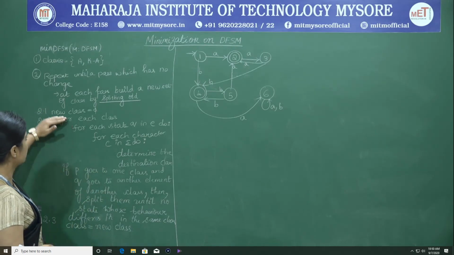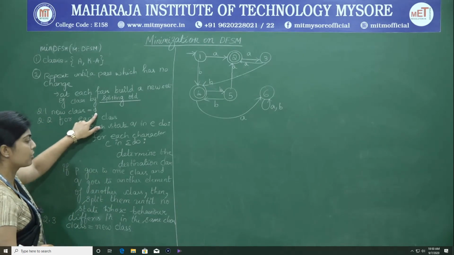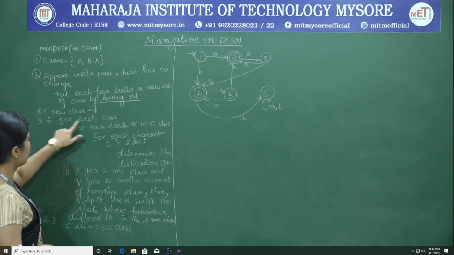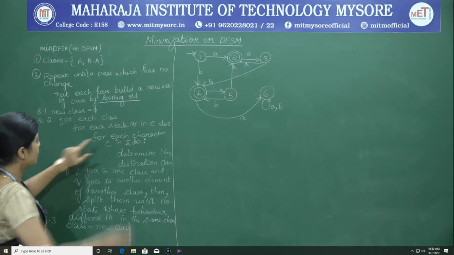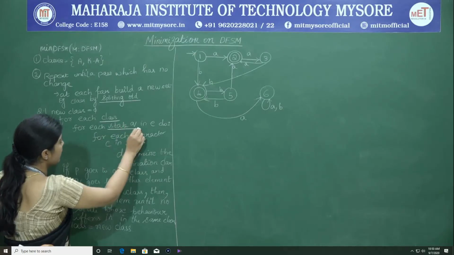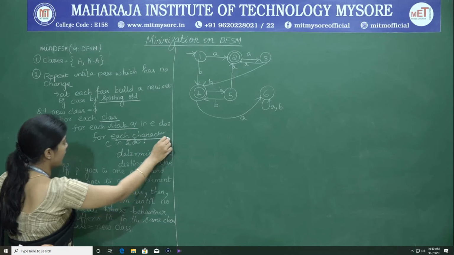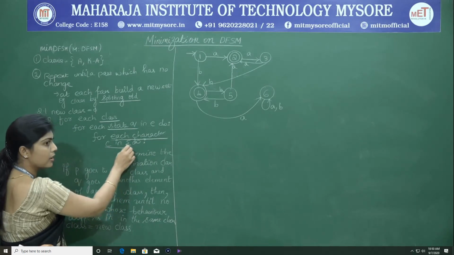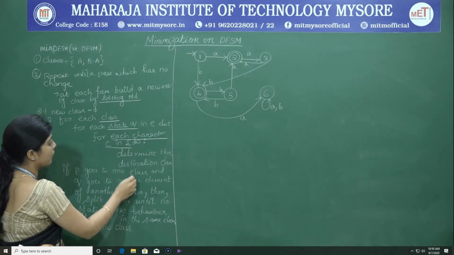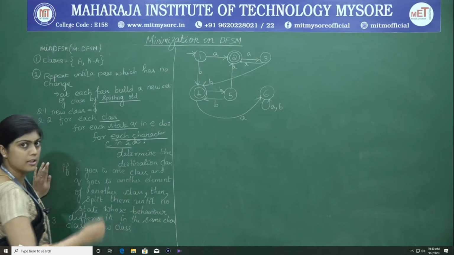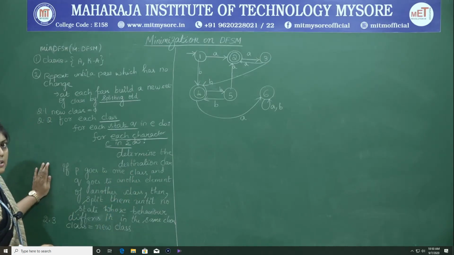So, how are we going to do this? The new class set that we are framing is initially set to null. Next, for each of the classes, we take up each of the states Q, and from that Q, on each of the characters that belong to sigma, that is on each of the inputs, we find the destination state. We are not going to write the destination state, rather we are going to write the class of the destination state.